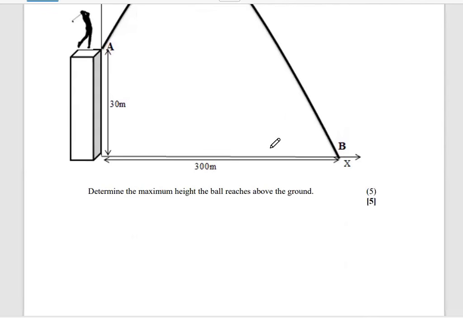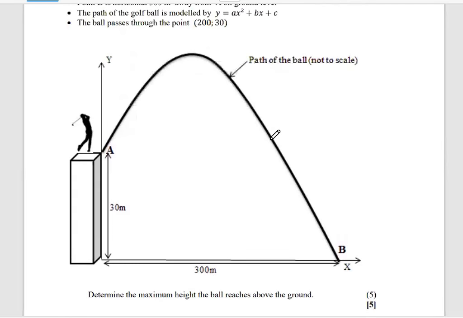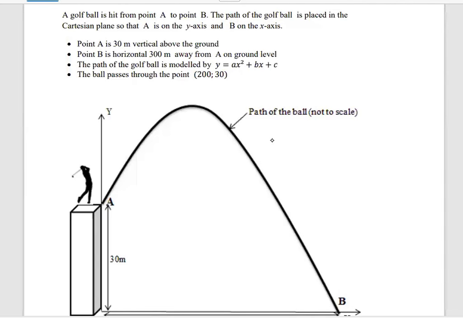Now, what we need to know is basically the points. Since the ball passes through the point 230, at this point here, this is going to be a 30, and then that's going to be a 200.